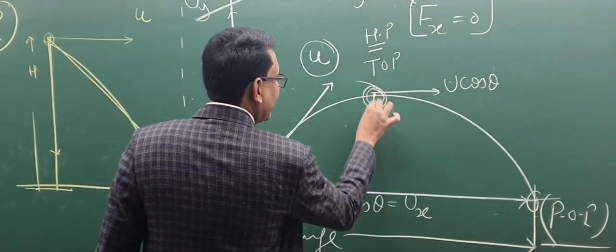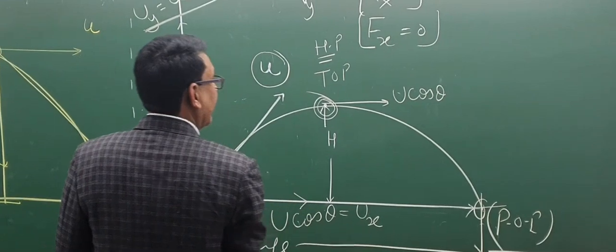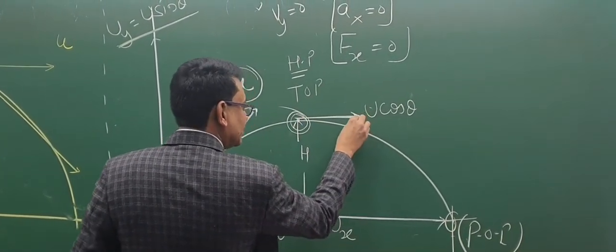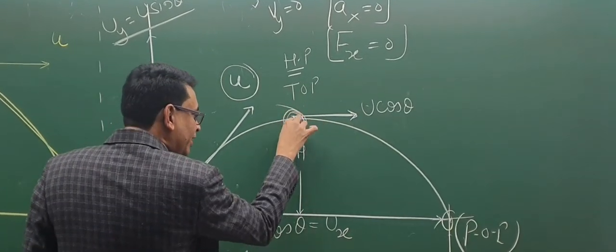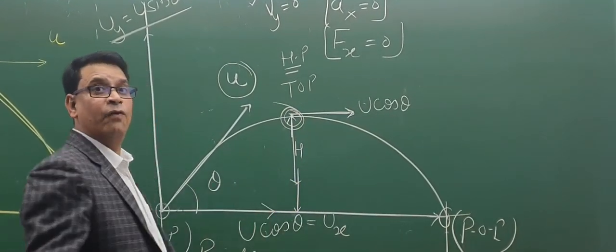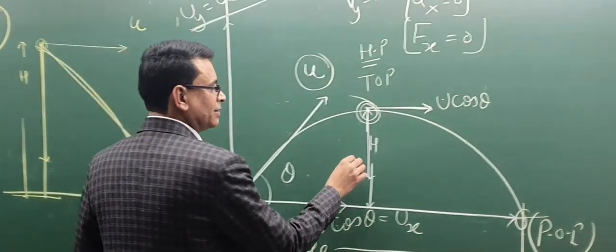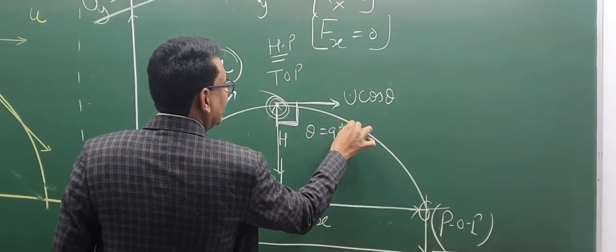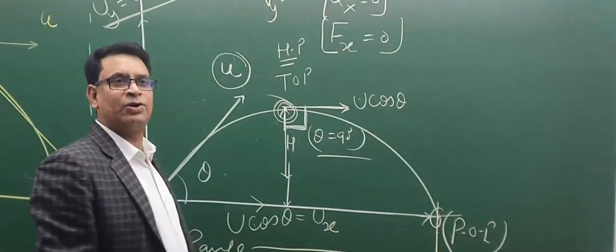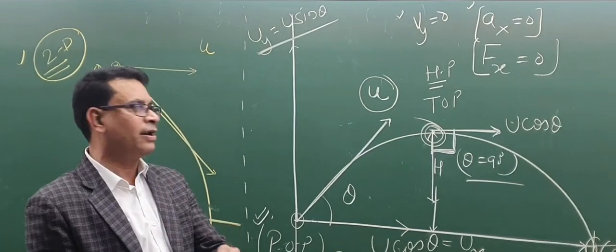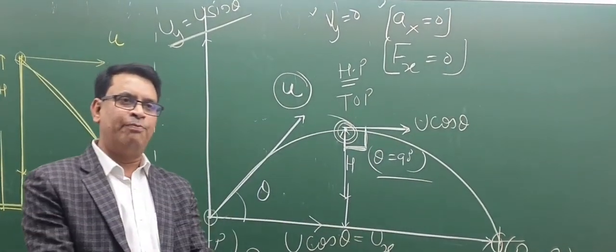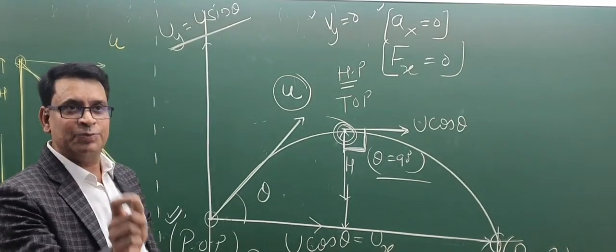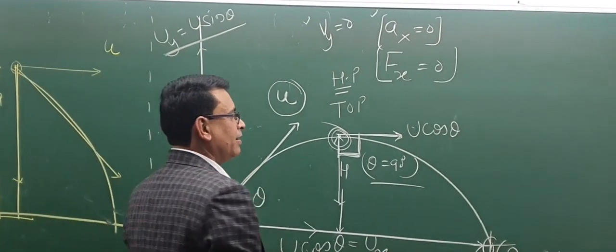This is the maximum height. At maximum height, you can see velocity is there, and gravity acceleration is acting vertically downward. So the angle between both is 90 degrees. This is the only point in two-dimensional projectile motion where velocity and acceleration are mutually perpendicular to each other.